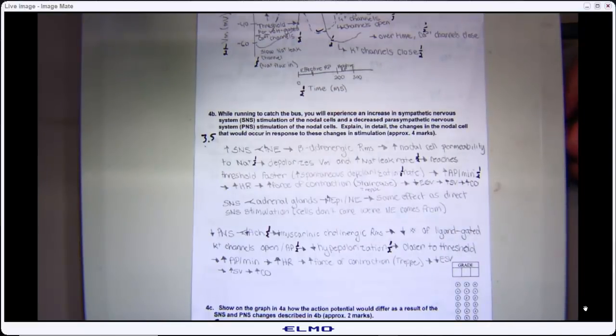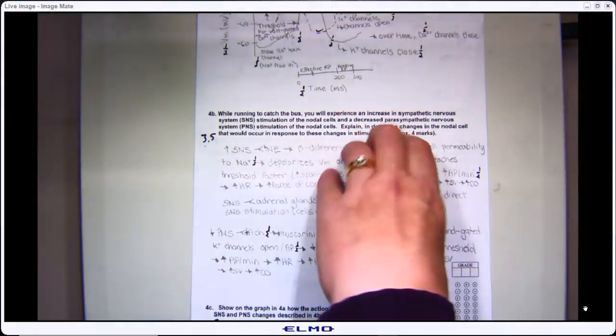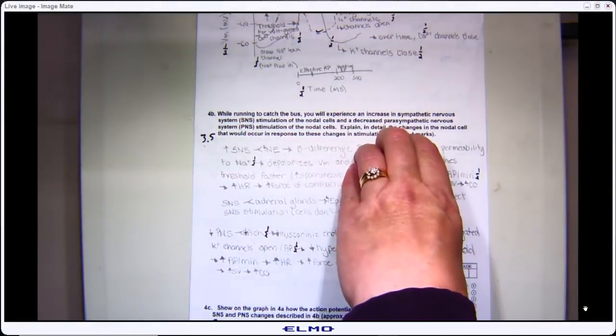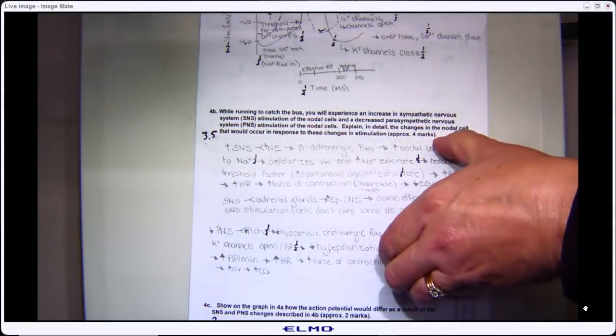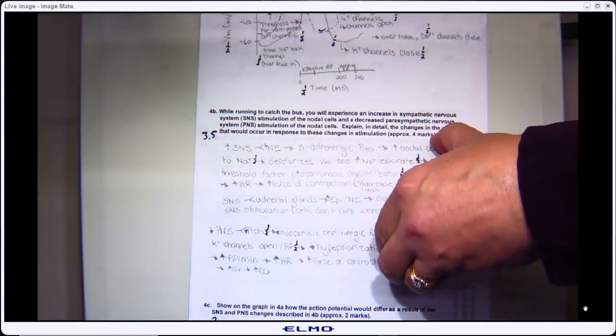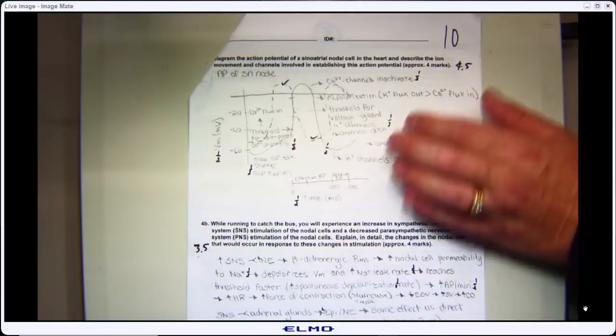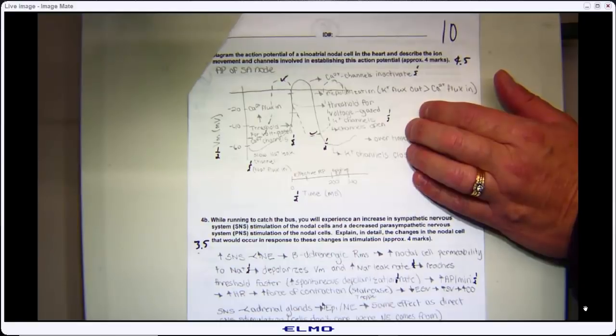The only difference here is we jumped right into the problem-solving type questions because you had your notes in front of you. So I could say, find the nodal cell in your books, and now we're going to jump right to here because you've got your notes in front of you. The only difference on these types of questions is you won't have your notes in front of you, so you will be asked to put that information down.